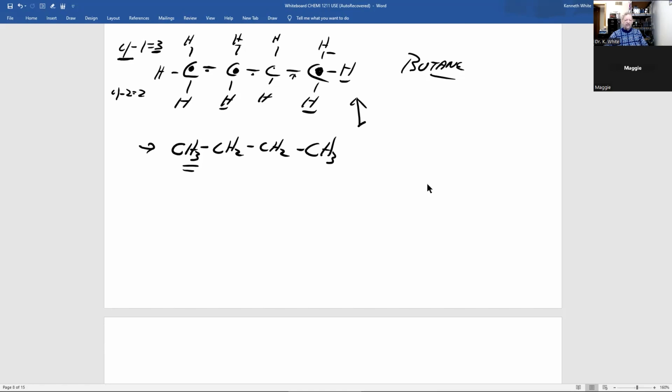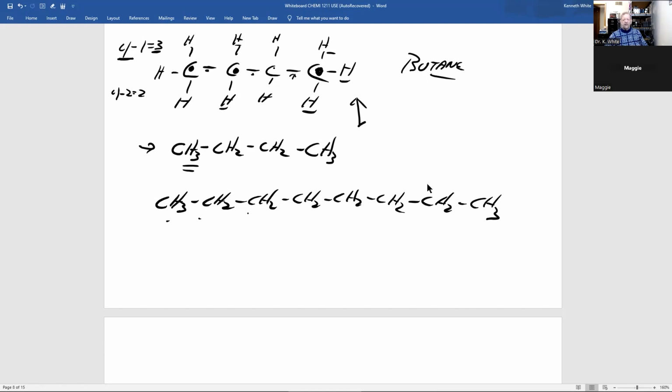Now, with parentheses, let's look at this molecule. Notice there are 1, 2, 3, 4, 5, 6, 7, 8 carbons in it. This is a hydrocarbon because there are only carbon and hydrogen atoms.